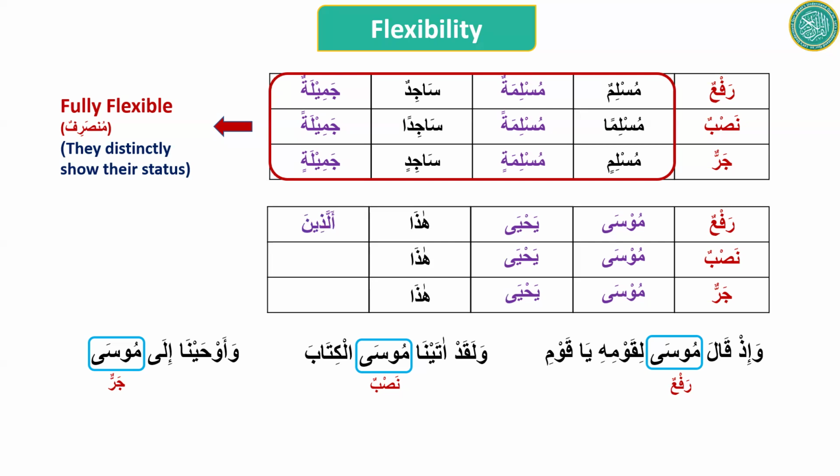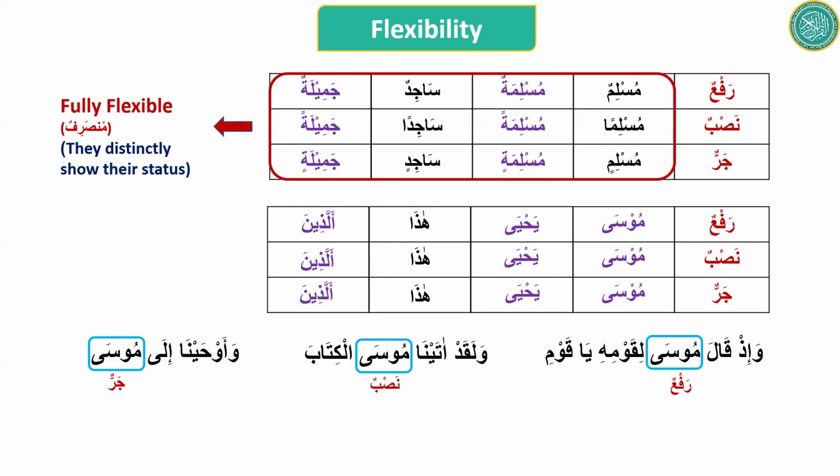Allazi, allazina, allati, allai. These are asma'un mawsulatun, the other table which I had shared with you. Because there is no allazuna, allazina remains allazina. Allazi is always allazi, allati is always allati. They never change, so they belong to the same category.